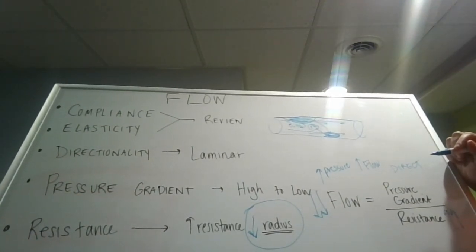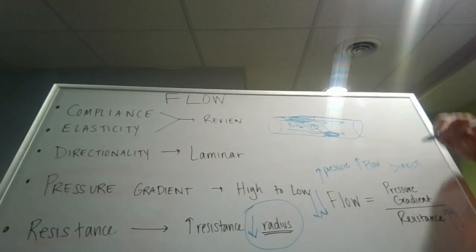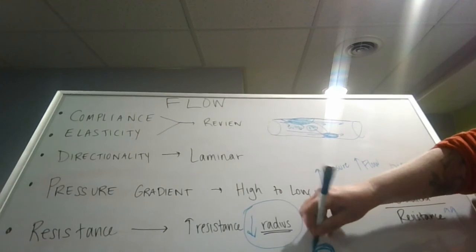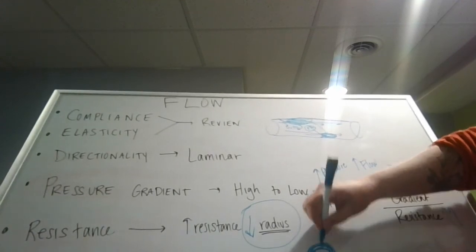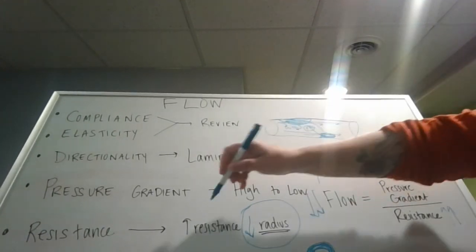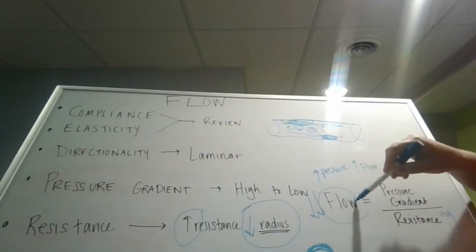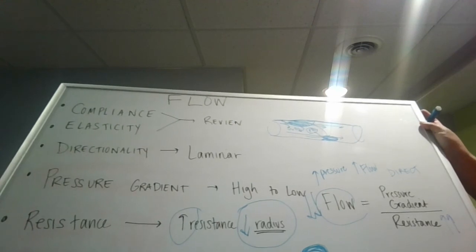So in someone who has hypertension or atherosclerosis, the opening inside the blood vessel, the radius itself, becomes smaller. That means there's an increased resistance, and that'll decrease the amount of flow because there's an indirect relationship.